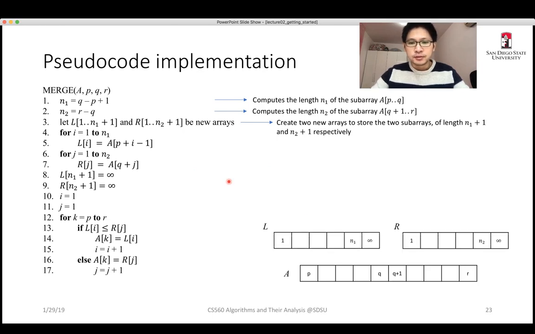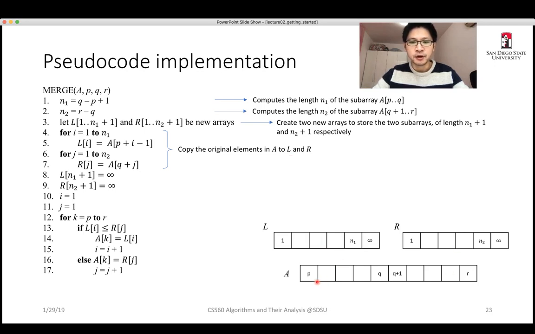And here's the new array L and R. So from line 4 to line 7, we just copy the original elements in A to L and R, right?